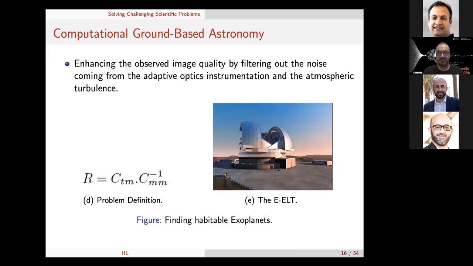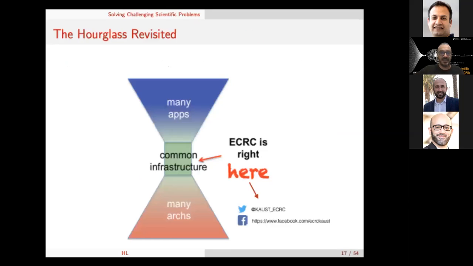This is the largest telescope ever built, and it will be deployed in a few years in Chile. Again, the astronomers using those telescopes are trying to find habitable exoplanets. It's like Earth is not enough for us anymore, I guess.